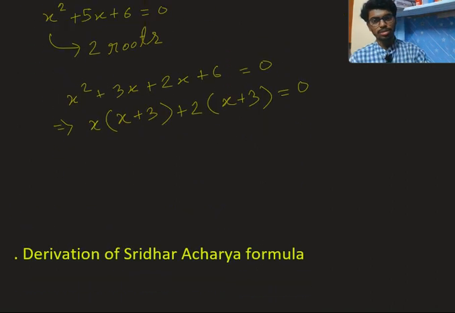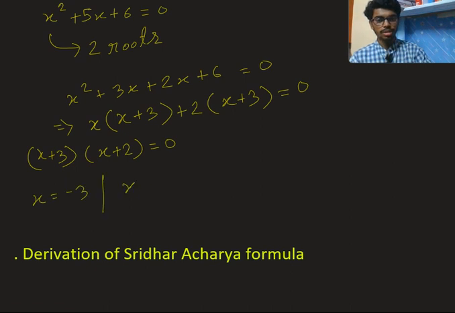So we are going to get x plus 3 into x plus 2 equal to 0, and x is equal to minus 3 or x is equal to minus 2. So here we have got two values of x which satisfy this equation.